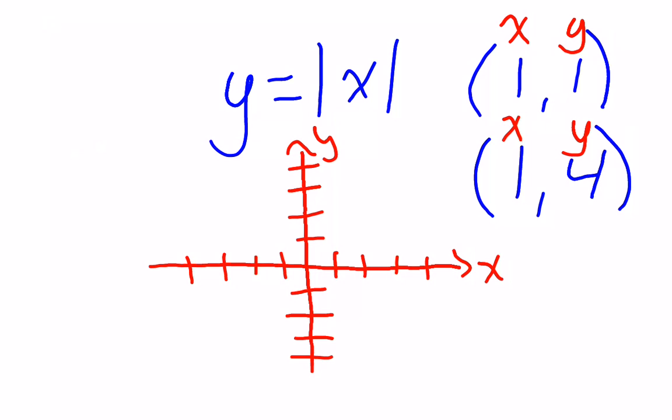Let's take a look at these points. We start with 1, 1. That point is right here, and we want to move it to 1, 4. So now our new point is going to be 1, 4 up here. What actually moved? Did the x point move or did the y point move? The x is the same, they're both 1.